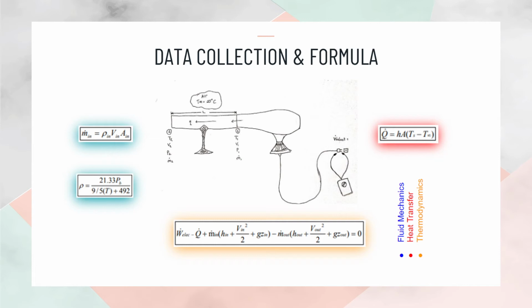Therefore, we have 0 on the right side, and the g times z at both inlet and outlet will be crossed out.